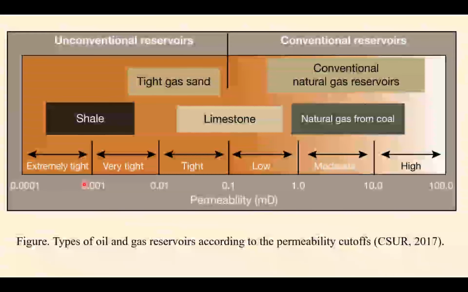But as we know, there is a continuous decline, so at a time we have to go for such unconventional resources, and obviously for that the proper development of technology is very much required, which is different from the conventional technology.